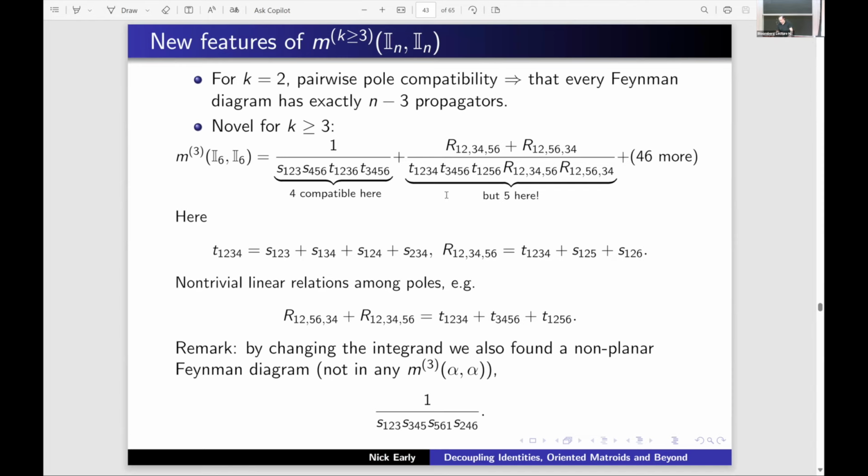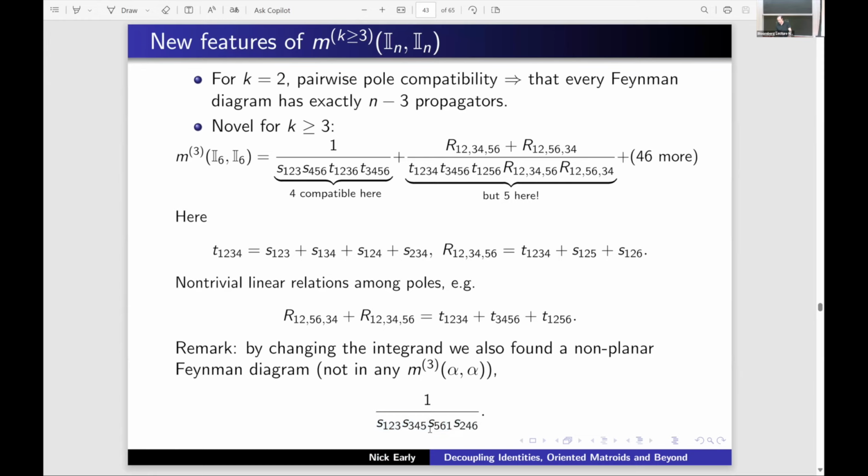Okay, so it turns out that you might guess, as we did, that the only integrand that you need is the k equals 3 Parke-Taylor factor. That is not true, and you can see this because you have this non-planar Feynman-like diagram.